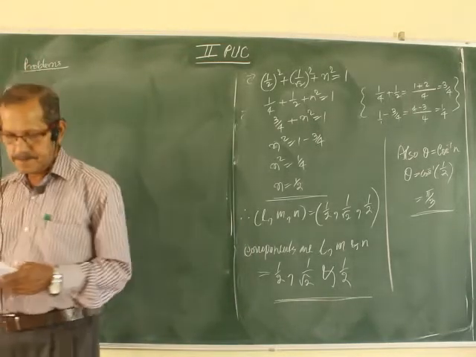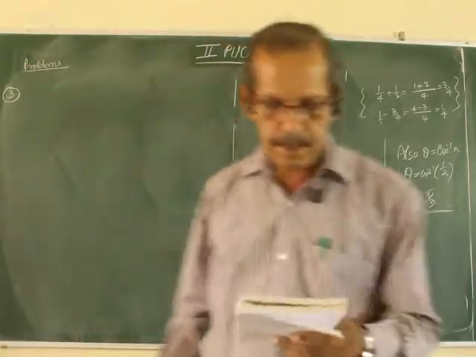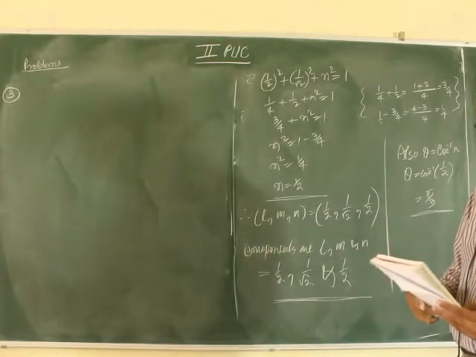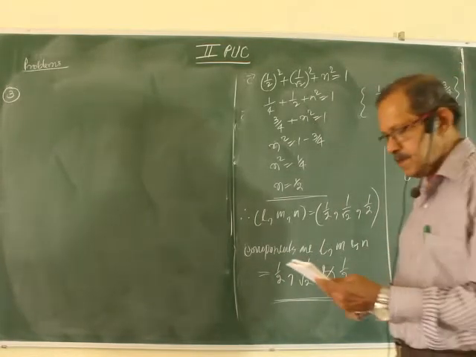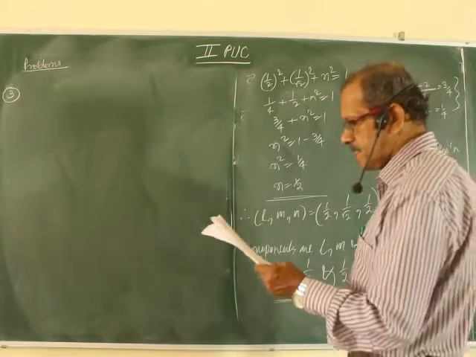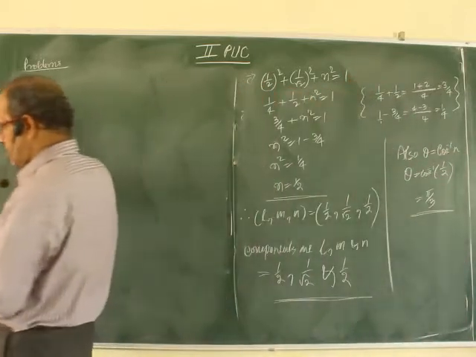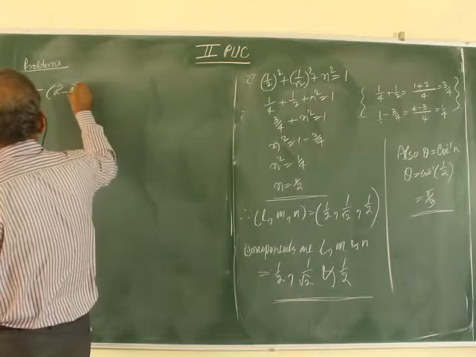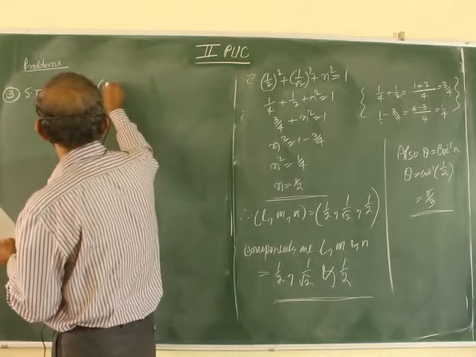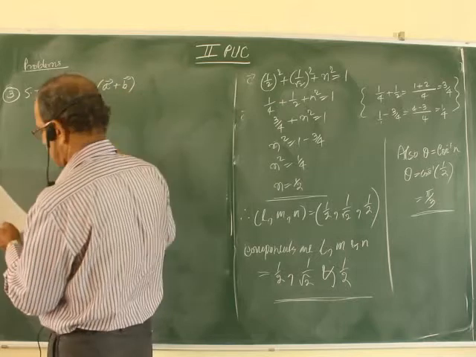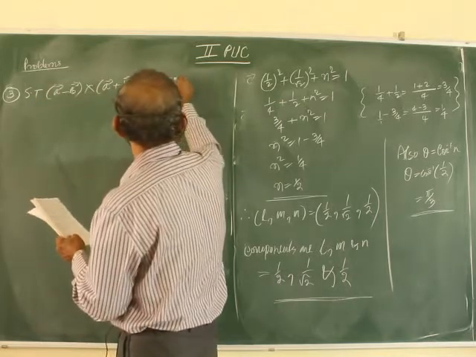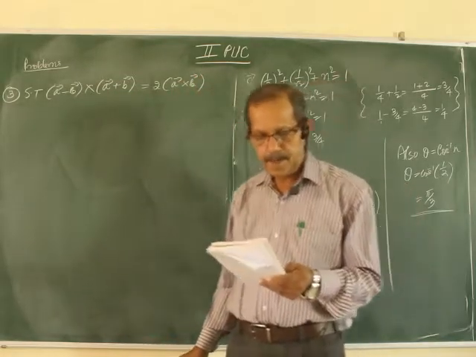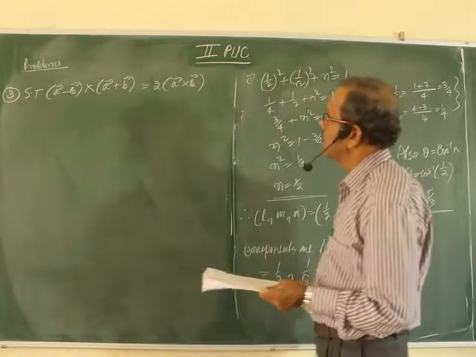Problem number 3. Show that A minus B cross A plus B equal to 2 into A cross B. Show that A minus B cross A plus B equal to this.